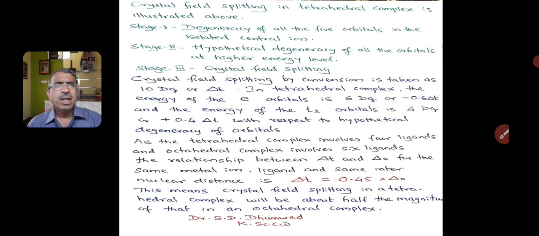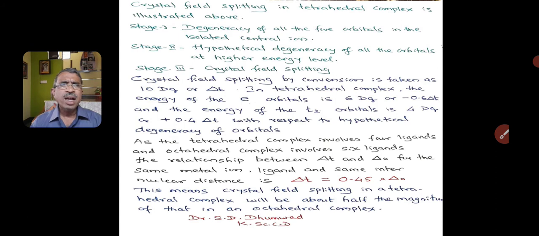Crystal field splitting by convention is taken as 10 dq or delta T. In a tetrahedral complex, the energy of the E orbitals is -6 dq or -0.6 delta T, and the energy of T2 orbitals is +4 dq or +0.4 delta T with respect to the hypothetical degeneracy of orbitals.